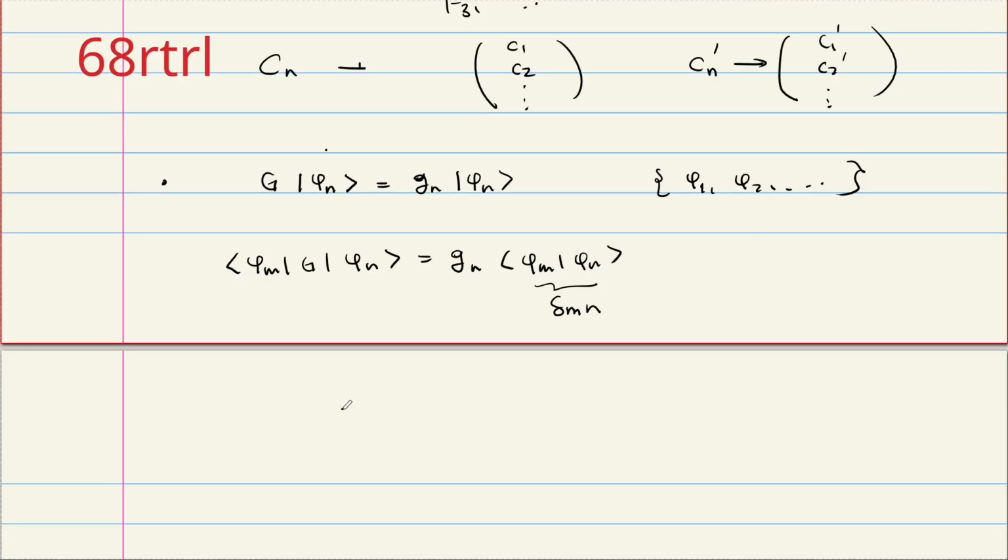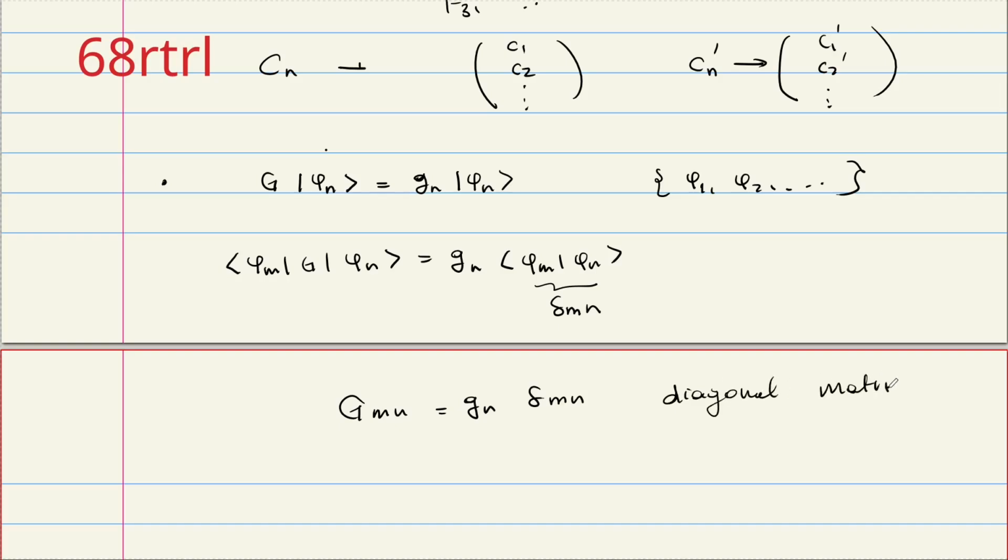Therefore, g_mn is equal to g_n times delta m n, which is a diagonal matrix. Therefore, in the basis where this eigenvalue equation is satisfied, the operator is going to be diagonal.